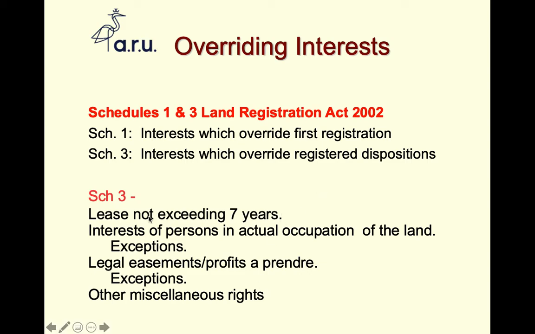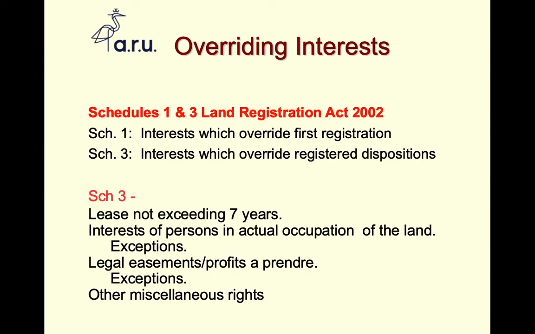We've got a lease not exceeding 7 years. So, to recap, if it was over 7 years, it had to be registered under Section 27 of the Land Registration Act.